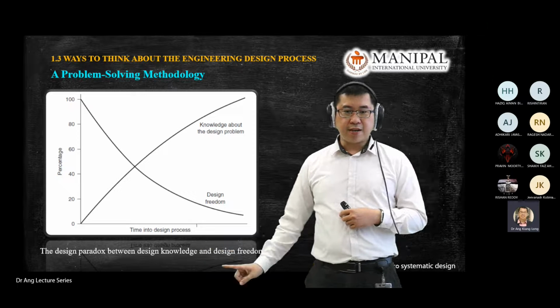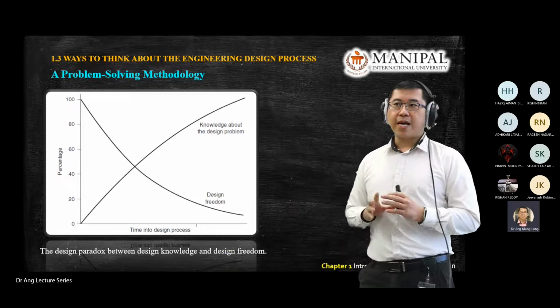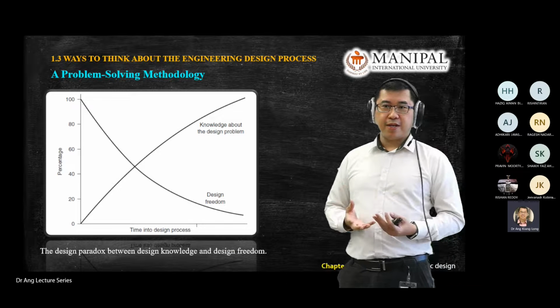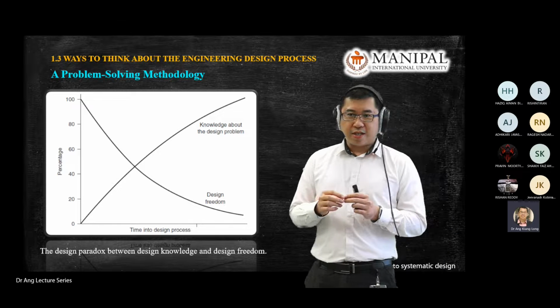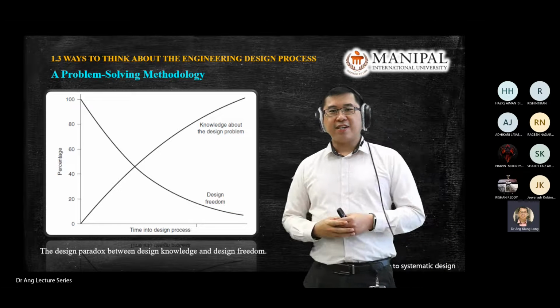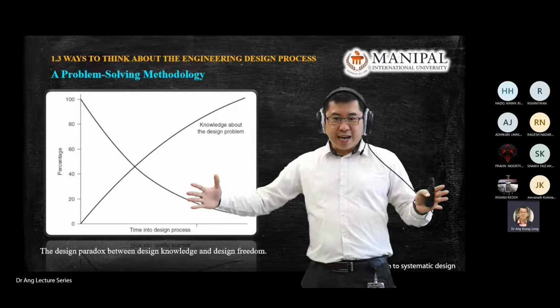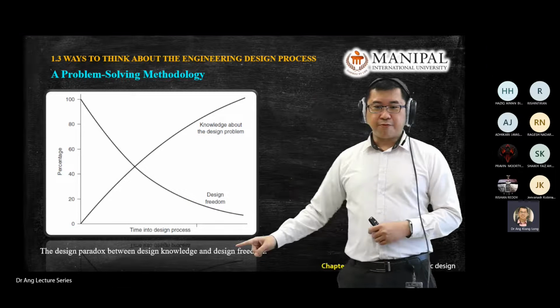Another one is design freedom. Design freedom means the flexibility that you have. For example, you can change the wheel size, you can stretch the vehicle length and so on, right? So this is freedom.